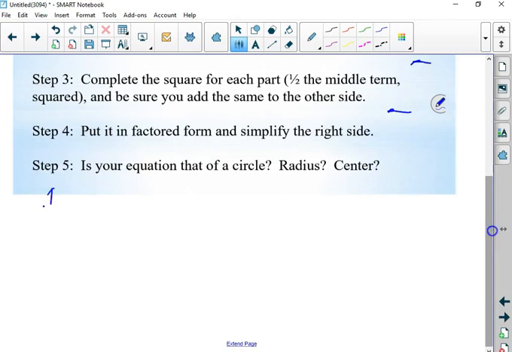Okay? So step 1. We're going to move, like it says, to the other side. We're going to have x squared plus y squared minus 6x plus 10y equals negative 25. So step 1, just move the number to the other side. That's all you do. Okay?